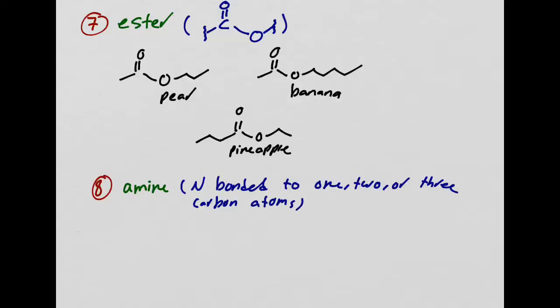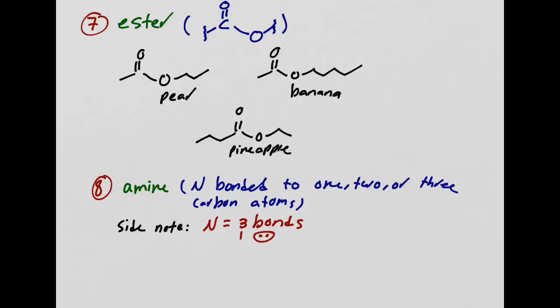Now, here's a little side note for you, and I need you to remember that. Remember that nitrogen makes how many bonds? Nitrogen makes 3 bonds and usually has 1 lone pair. 3 bonds, 1 lone pair. Remember that as I'm doing this, okay?